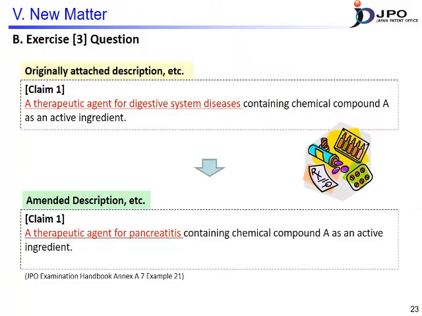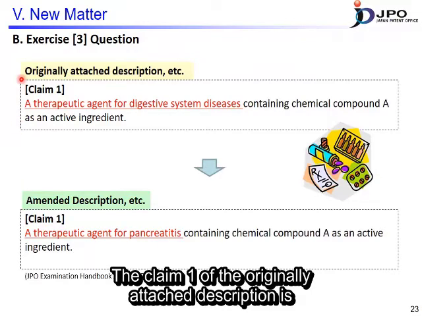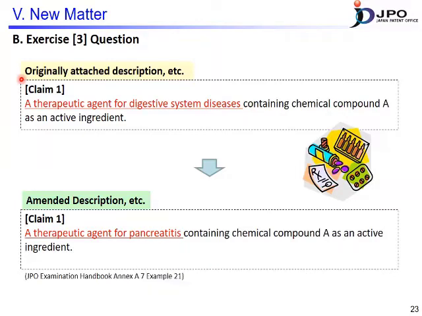Okay. This is the third case. The claim one of the originally attached description is a therapeutic agent for digestive system diseases containing chemical compound A as an active ingredient.